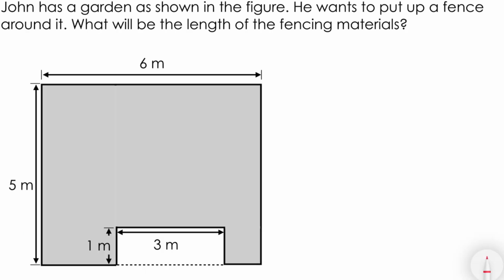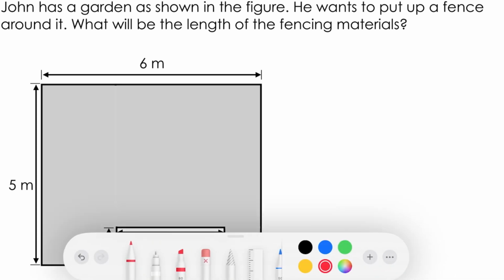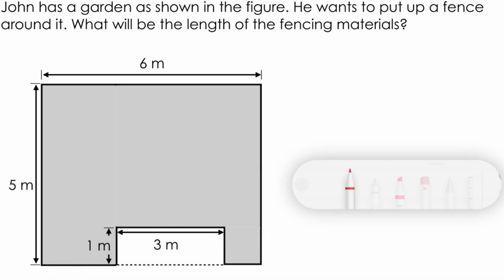So let's now have this problem. John has a garden, as shown in the figure. He wants to put up a fence around it. What will be the length of the fencing materials? Since we're looking for the length of the fencing materials, we are talking about the perimeter. For this particular question, the method that we did earlier, moving the sides to make it a whole rectangle, wouldn't actually be possible.